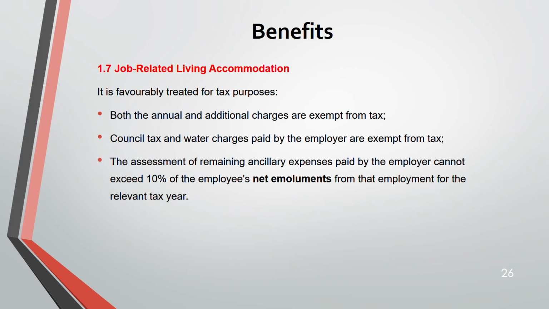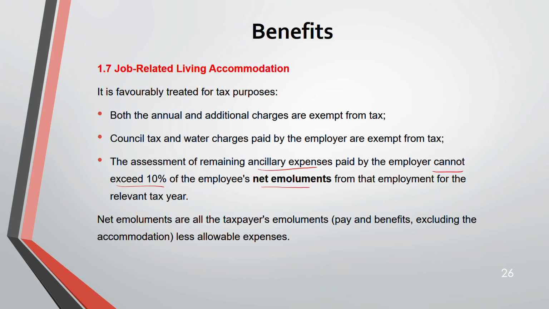Now, what about the ancillary expenses that are paid by the employer? These are taxable, but the ancillary expenses cannot exceed 10% of the employee's net emoluments. What does it mean? All your pay and benefits, excluding the accommodation, less all your allowable expenses.